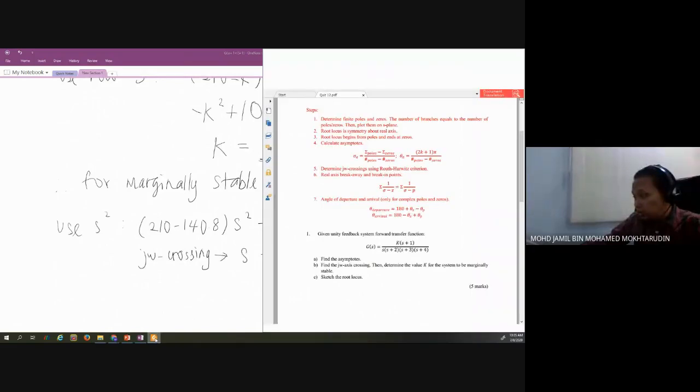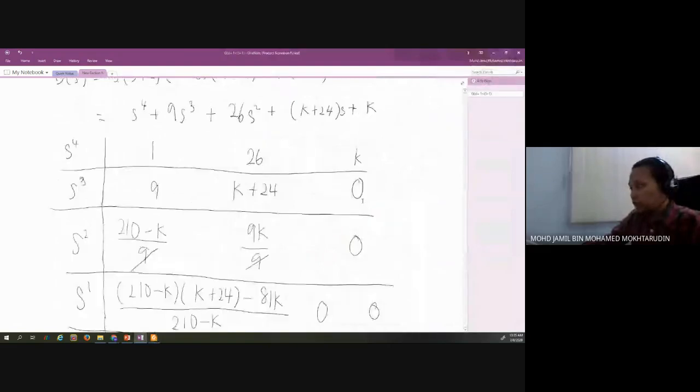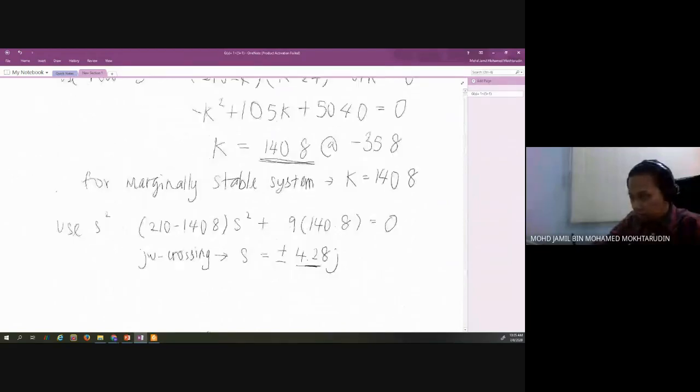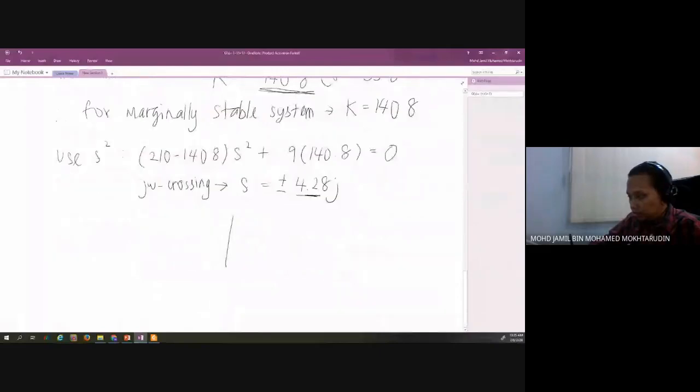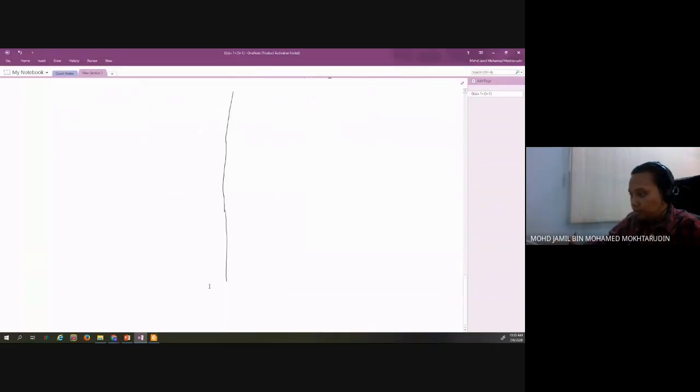Okay, and then lastly, the question asks you to sketch the root locus. So after you get all of the information, you can try to plot poles and zeros first in the S-plane. Okay, lukisan saya buruk.